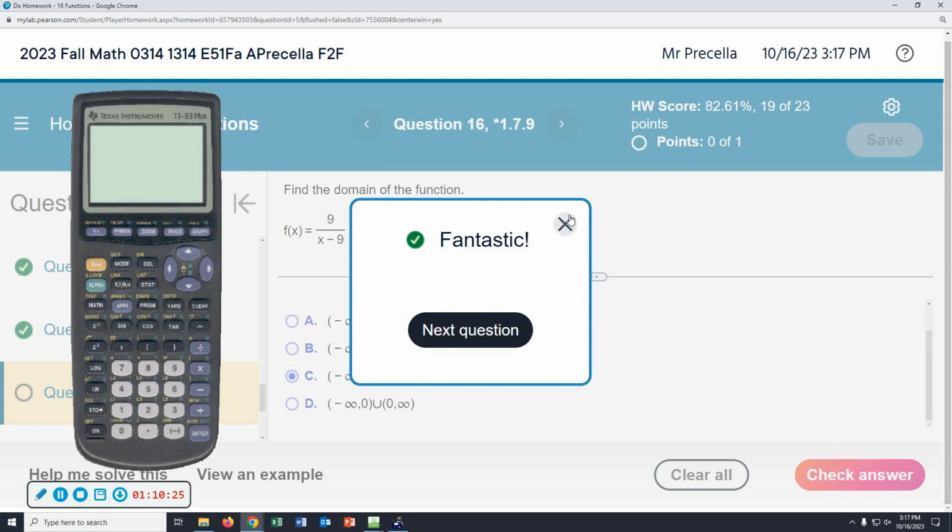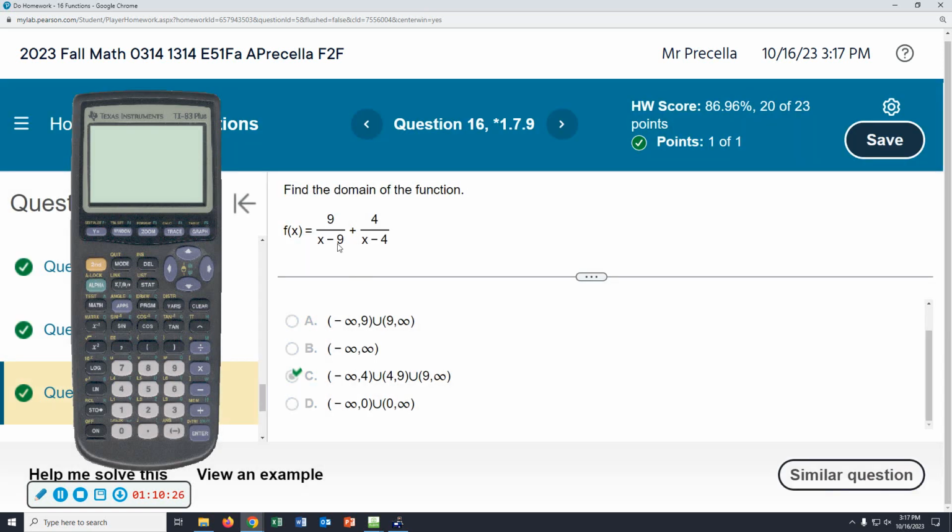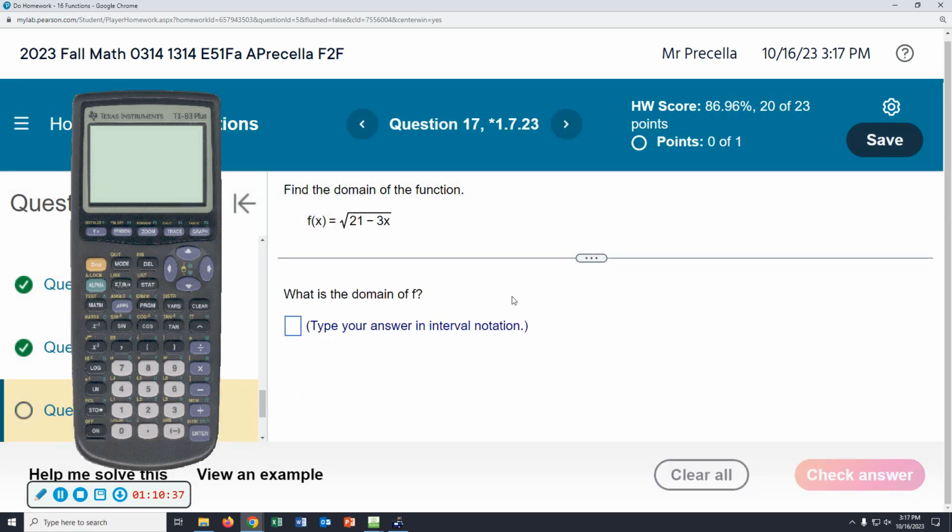So, if you have fractions, you do not want denominators of 0. If you have a square root, you do not want a negative number under there. Is it okay to have a 0 under the square root symbol?